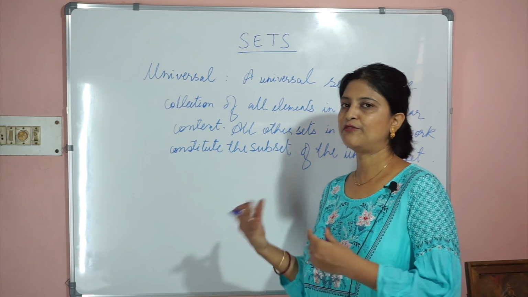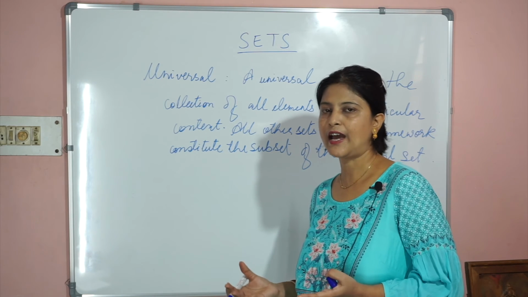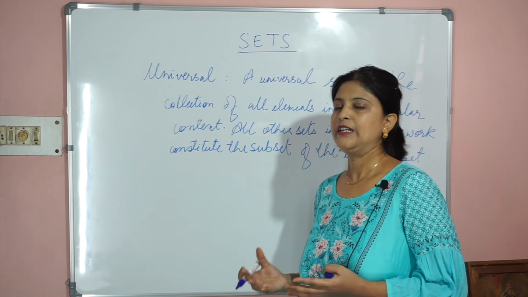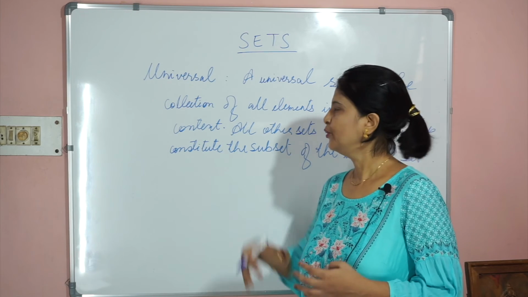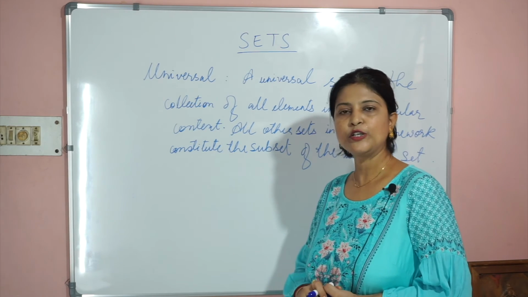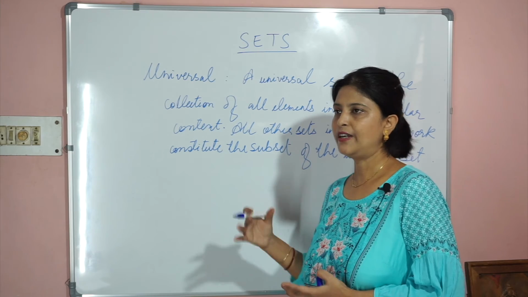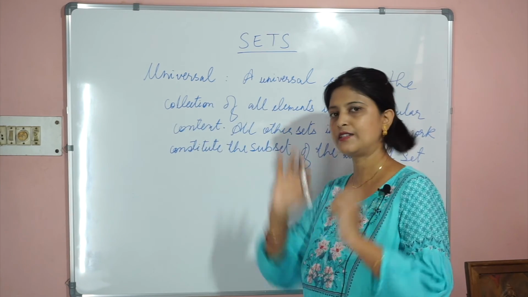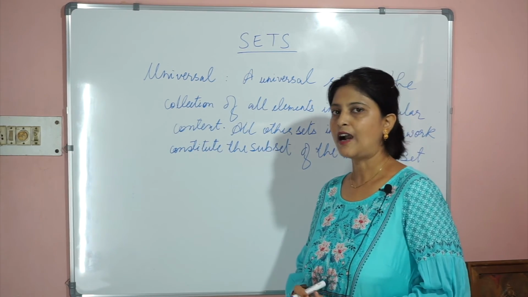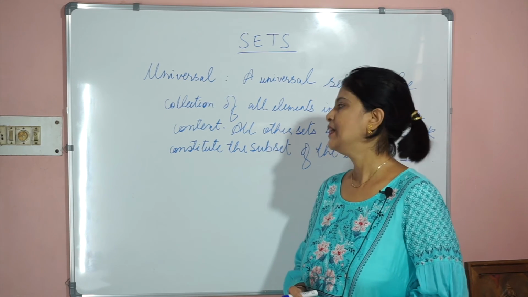The set of whole numbers, although infinite, has fewer elements compared to the universal set of real numbers. So every other set will be a subset of the universal set, as the universal set is always the largest of all sets.